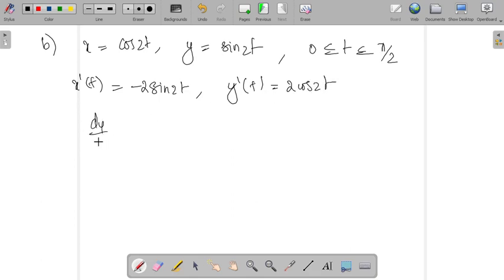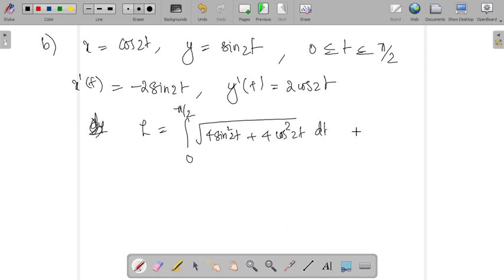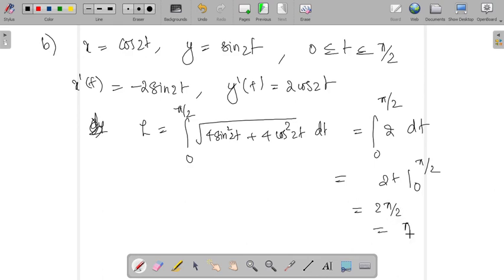So when you take arc length, that will be integral 0 to pi by 2 root of 4 sine square 2t plus 4 cos square 2t dt, that is integral 0 to pi by 2 of root of 4 times (sine square plus cos square, which is 1), so that will be 2 dt. So you will get 2t from 0 to pi by 2. So the value is 2 pi by 2, which will be equal to pi. So the arc length will be equal to pi.